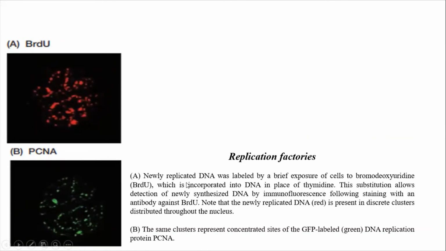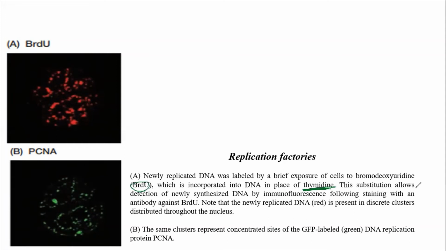It's newly replicated DNA. It was labeled by exposure to bromodeoxyuridine, BrdU, which is incorporated into DNA in the place of thymine. We also discussed this when we were talking about DNA structure. So BrdU is the analog of thymidine. Remember that. What you do is make it fluorescent.